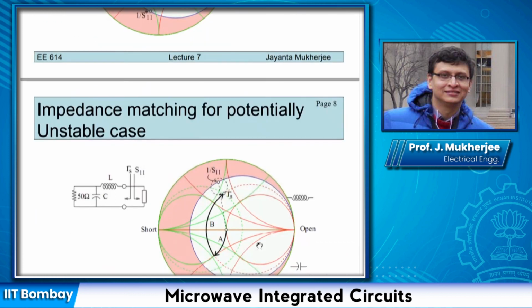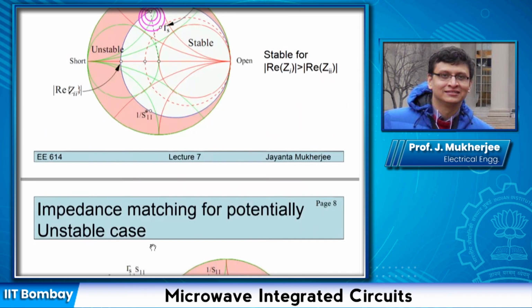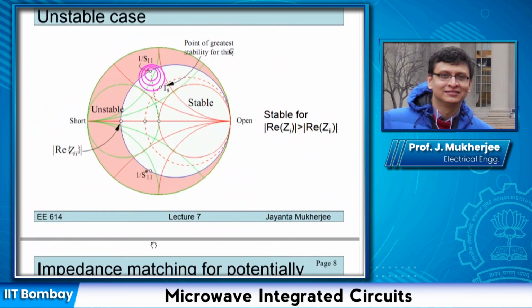Okay. So the next topic, I'll continue my discussion on this slide itself. Let's go back to this slide for a moment. Now in this slide, suppose I want to obtain a gain as given by this largest purple circle.